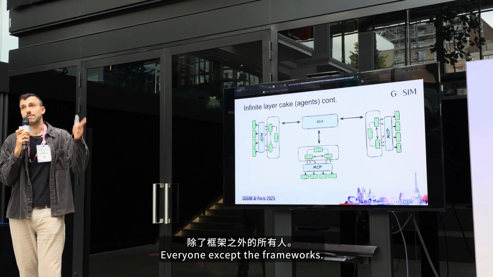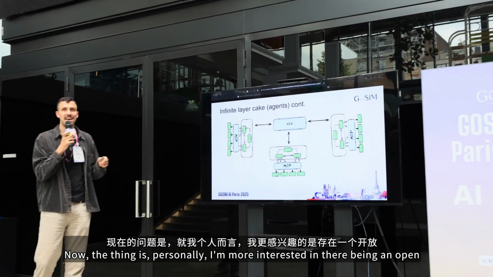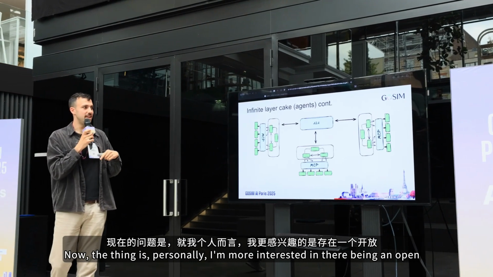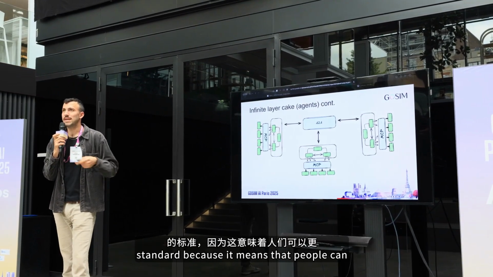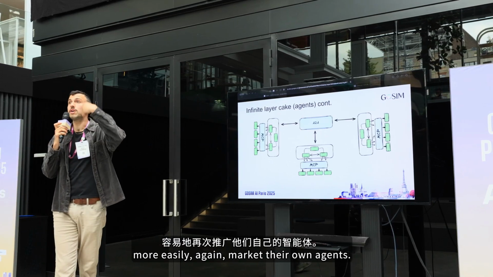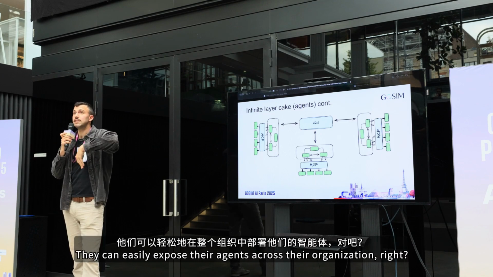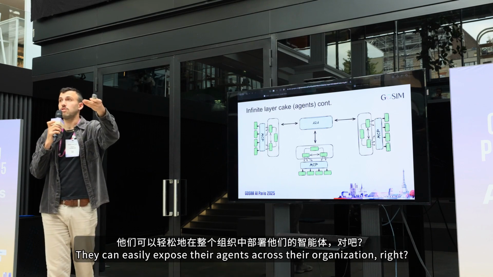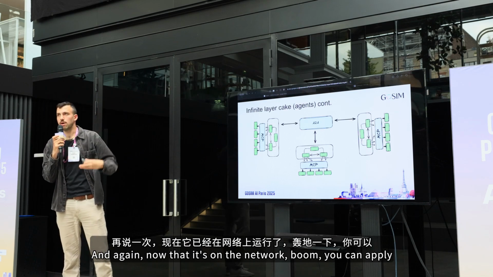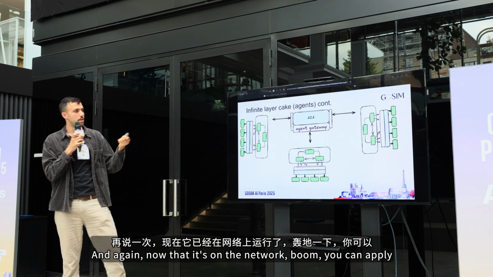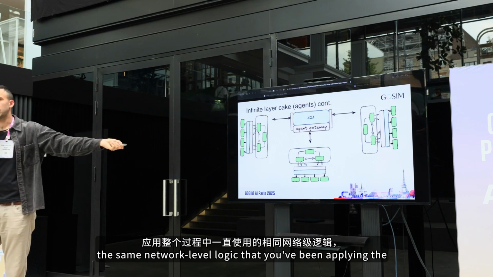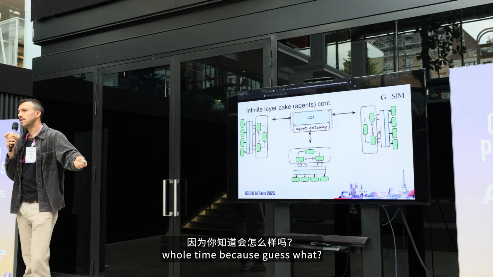Everyone except the frameworks. Personally, I'm more interested in there being an open standard because it means that people can more easily market their own agents. They can easily expose their agents across their organization. And now that it's on the network, boom, you can apply the same network level logic that you've been applying the whole time.